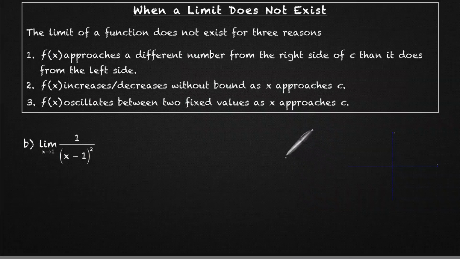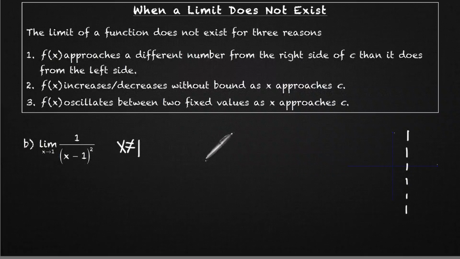Okay, example B, here we have the limit as x approaches 1 of this particular function. So let's just see if we can graph this. We know that anytime you have a dividing by 0 situation, that's going to create a vertical asymptote on your graph. So x cannot equal 1 because 1 minus 1 is 0, you'll be dividing by 0. So therefore, there's going to be a vertical asymptote at x equals 1.